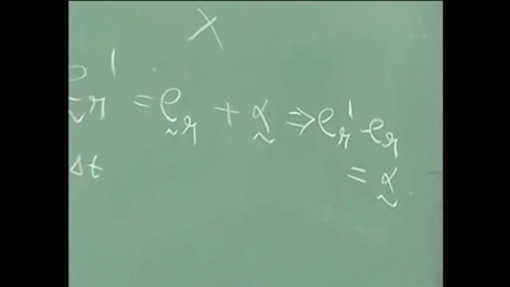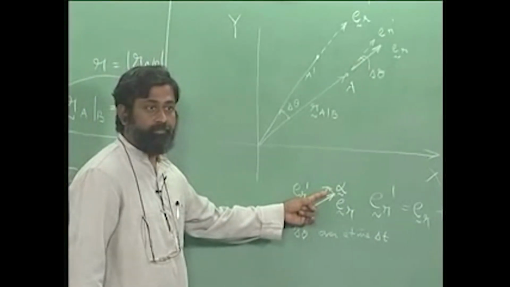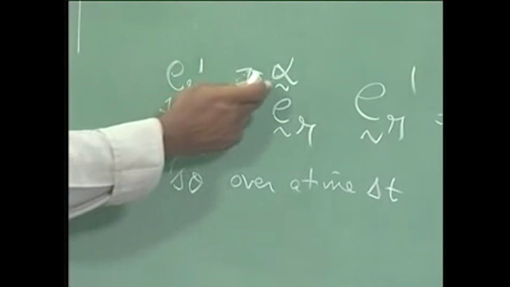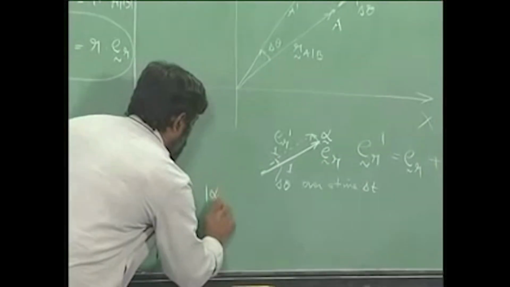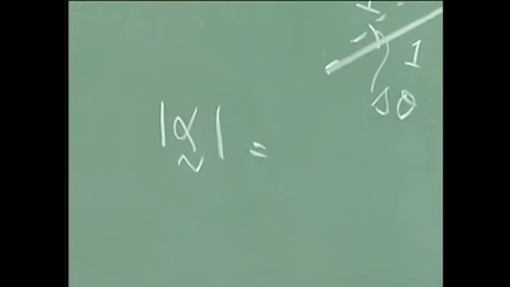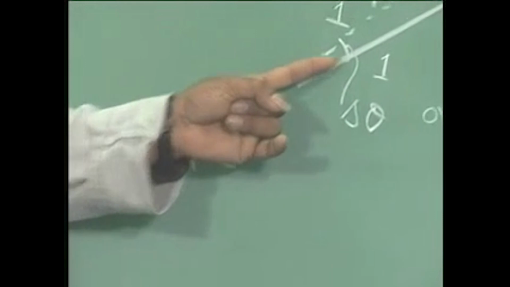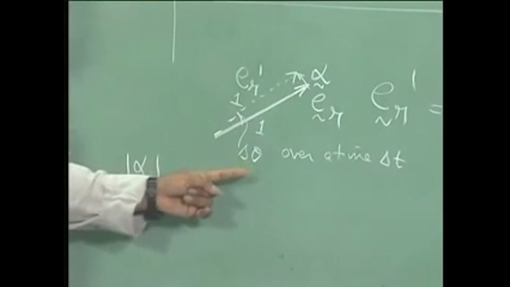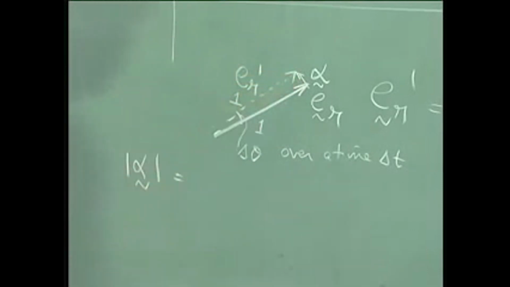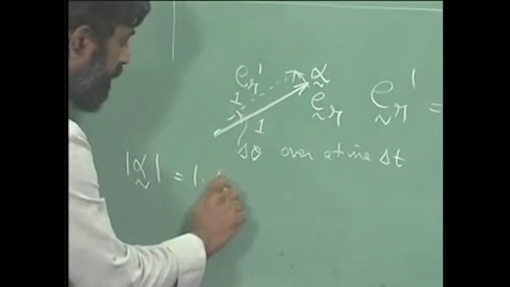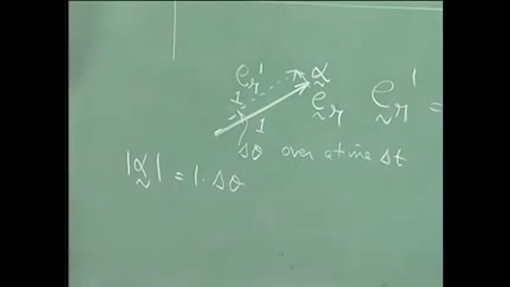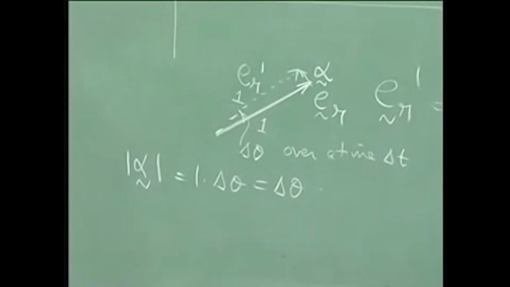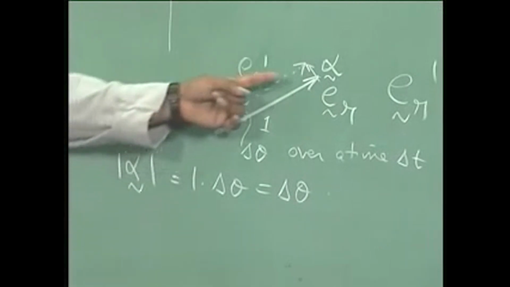Okay. Let us now focus on alpha, alright. What is the magnitude of alpha? Well, that is not very difficult, since this radius is 1 and it has gone through a delta theta, the magnitude of this should be 1 times delta theta, okay, which is delta theta. What is the direction of this?